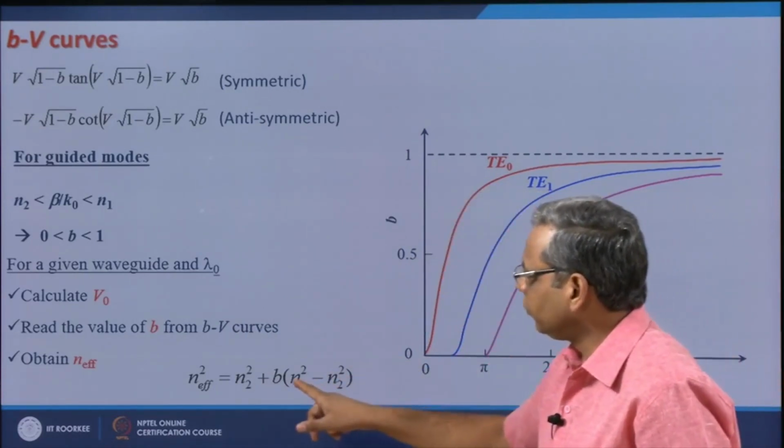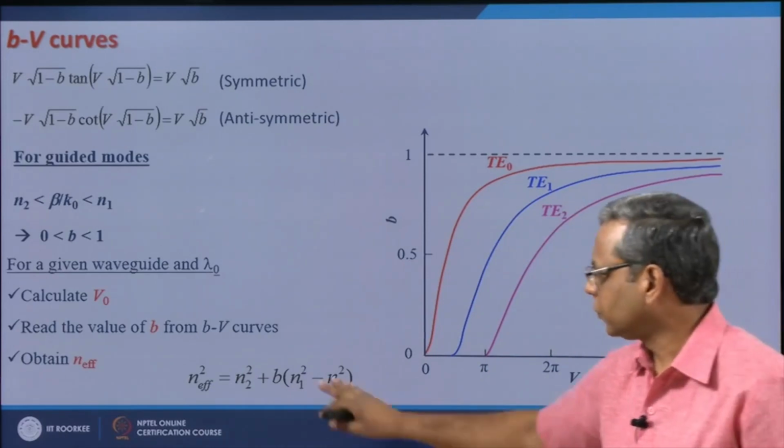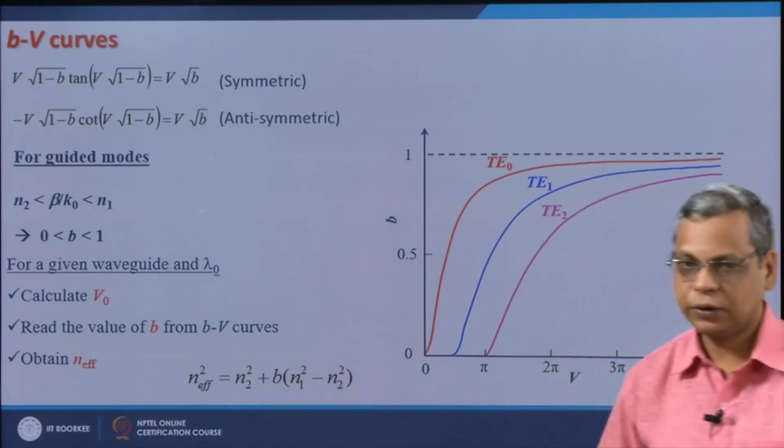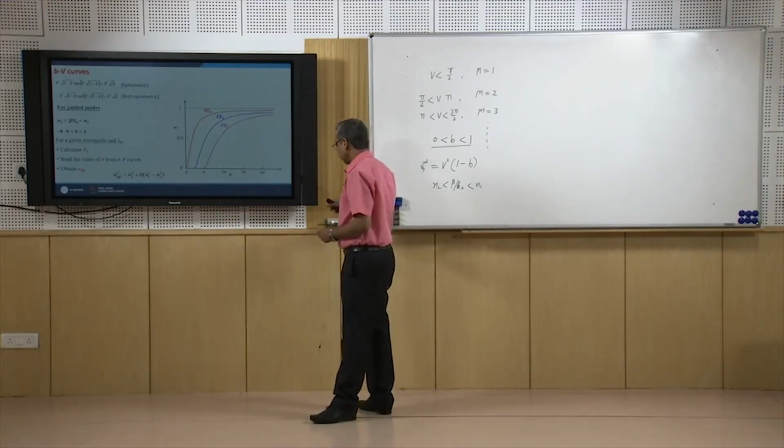Once I get the value of B, then I can find out the effective index of the mode from here. This is coming out from the very definition of the normalized propagation constant.